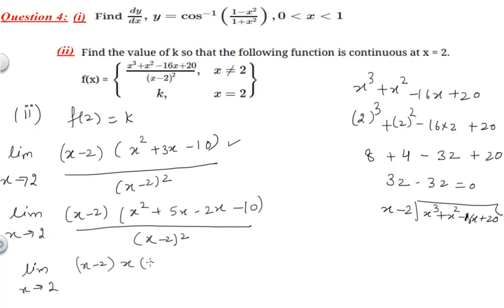In the first part x is common, giving x plus 5, and in the second part minus 2 is common, giving x plus 5, divided by x minus 2 whole square.